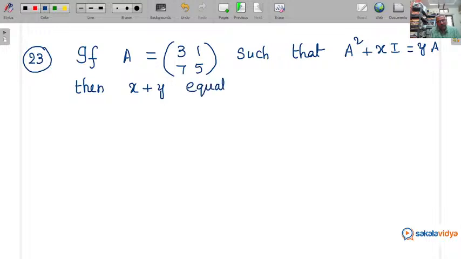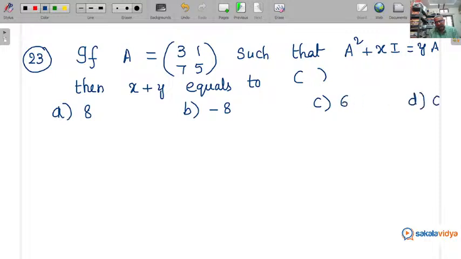Generally these kind of questions may be asked in the examination as difficulty level questions. So option A is 8, option B is minus 8, option C is 6, option D is 0. So what is your answer?